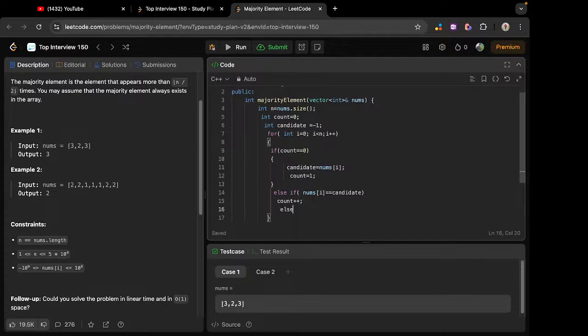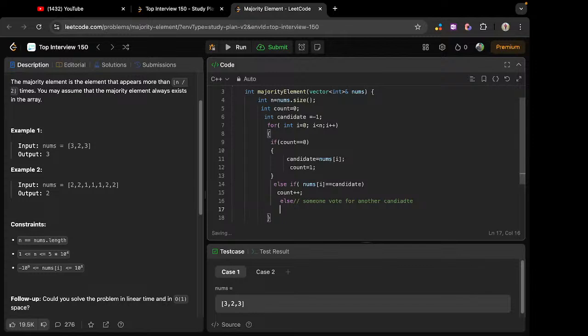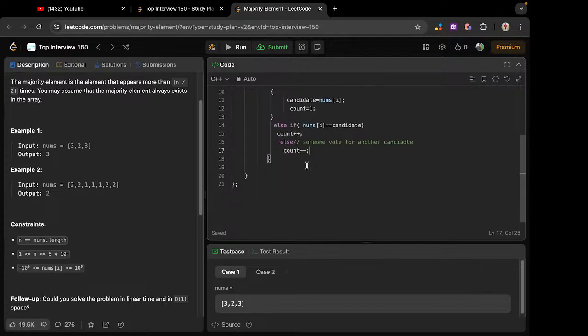Else someone votes for another candidate, then we will decrease its count, minus.